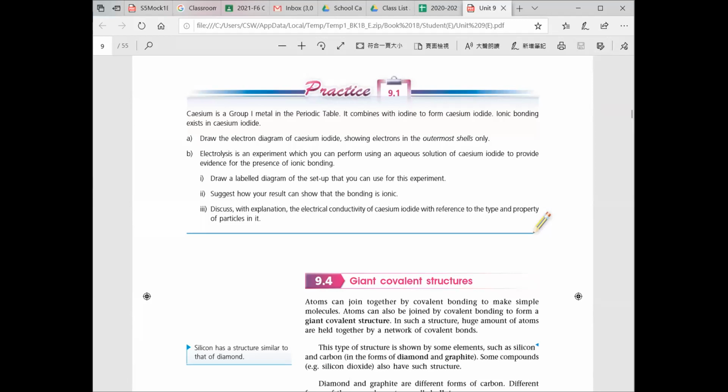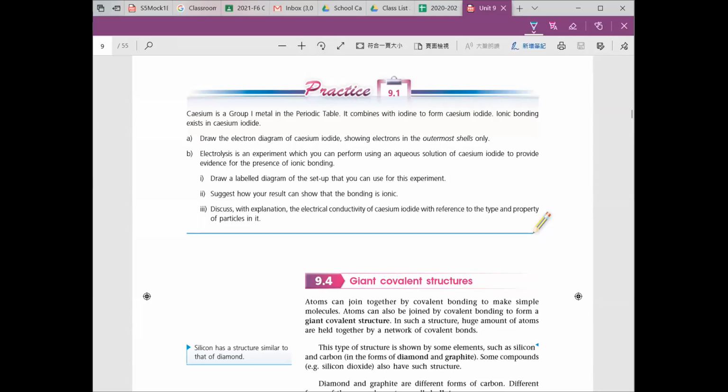Cesium ion and this iodide ion. Yeah, electron diagram. So what is that? How do you draw an electron diagram? So we have got a bracket, right? Middle bracket of cesium. And the symbol of cesium is Cs, capital C, small letter s.